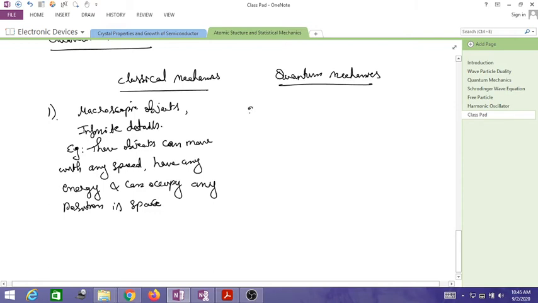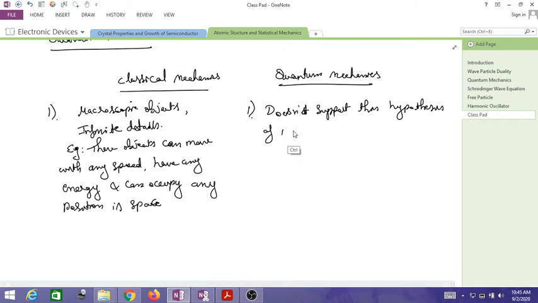Quantum mechanics disagrees with this statement, and it does not support this hypothesis of infinite details.